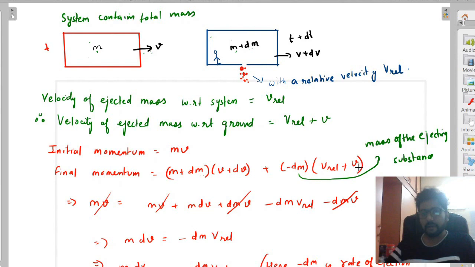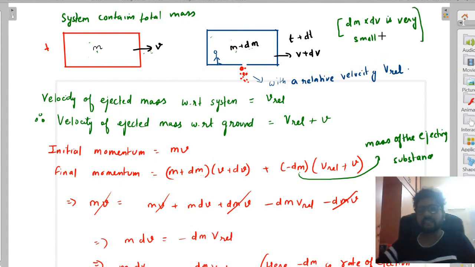In fact you can write minus dm into (v relative plus v plus dv), but again dm into dv is very small, so you have to assume that dm multiplied by dv is negligible. So we have neglected this, right?